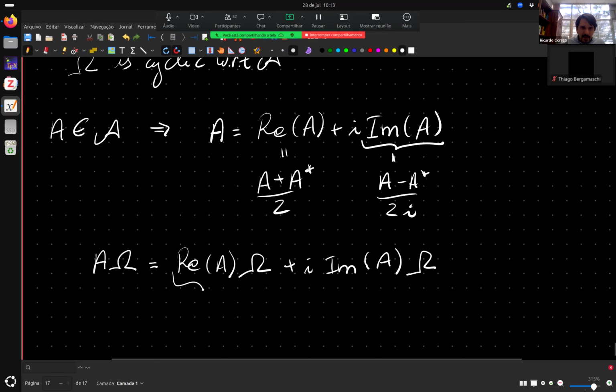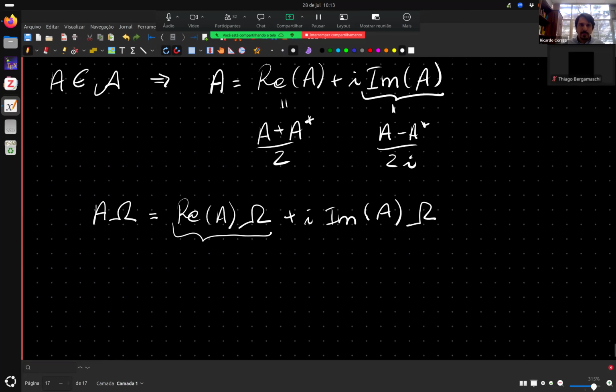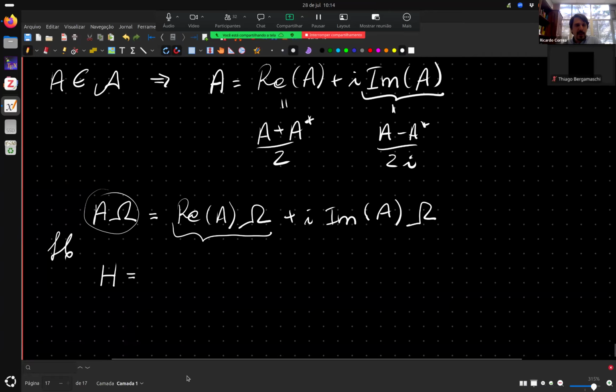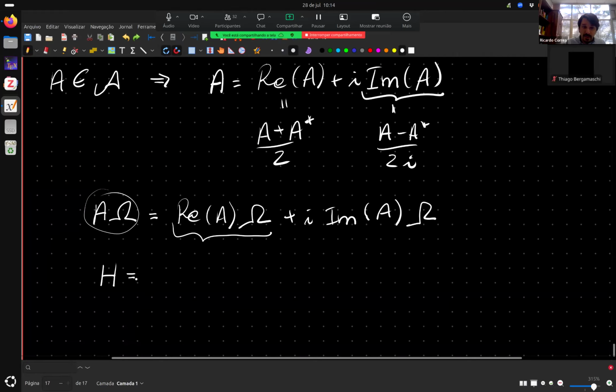And I can look to this space instead of looking to the whole set of all operators. I can only look to the self-adjoint ones. So what I'm saying is that I can define a space which I call H, and please notice that my Hilbert space is this calligraphic H, and the straight one will be from now on what I would call the standard subspace.